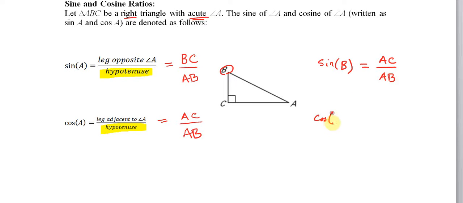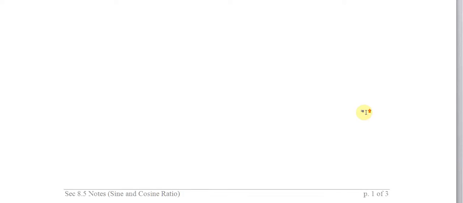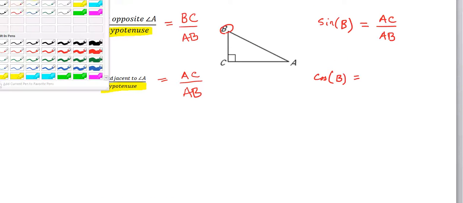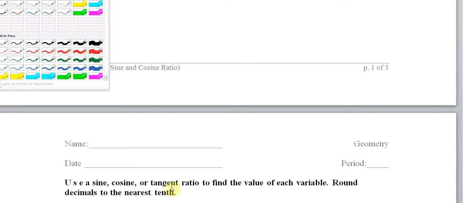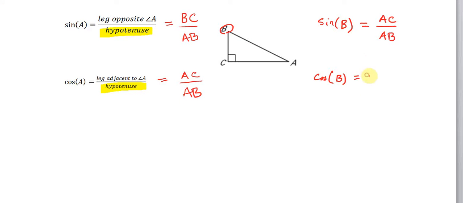And the cosine of angle B is the leg opposite of that, which is AC. No, I'm sorry, is the leg adjacent. See, I almost got my stuff mixed up there. It is the leg adjacent to angle B, which in this case is BC, divided by the hypotenuse, which is AB.